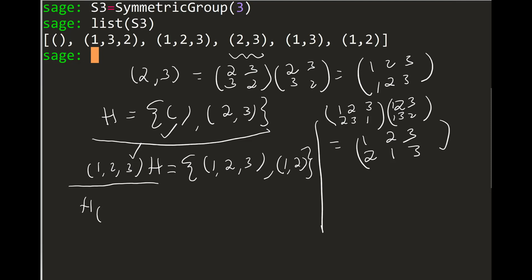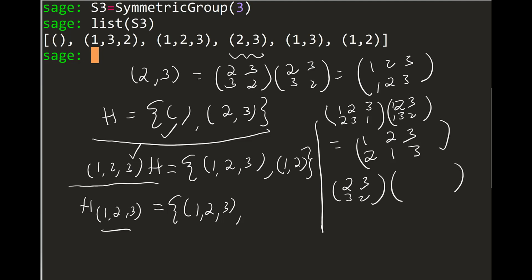Now let's compute the right coset of H by this element. So first this element will show back up, right? And then if we multiply (2 3) by this element on the right, what do we get? We get (1 2 3). So 1 goes to 2, 2 goes to 3. So we get a 3, 2 to 3, 3 to 2.